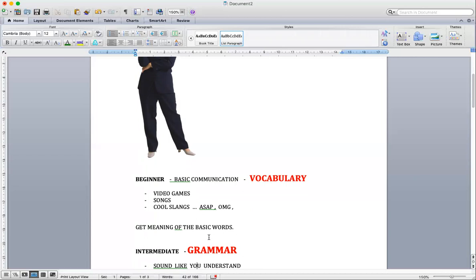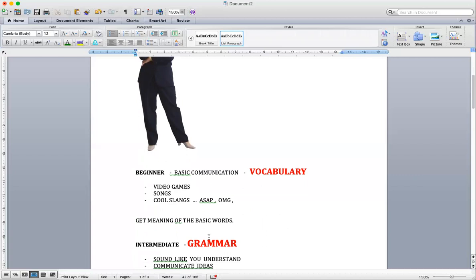Here you know the words, but you have to formulate them in a proper way. It sounds like you understand. And with grammar knowledge, you can also communicate your ideas very well. For example, you said, drink water. That's for the beginner level.